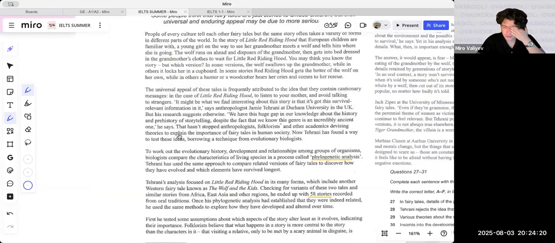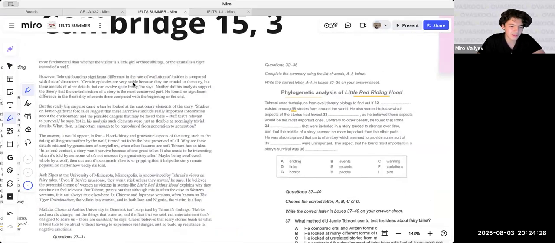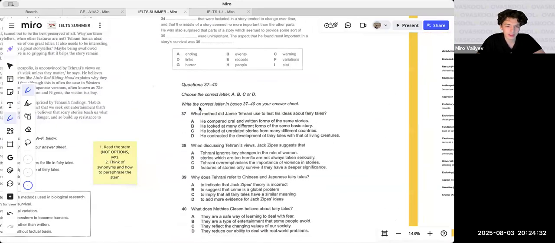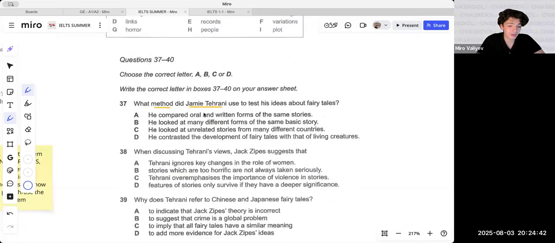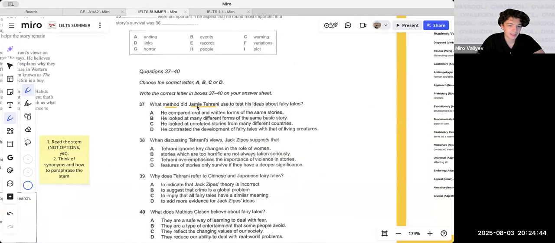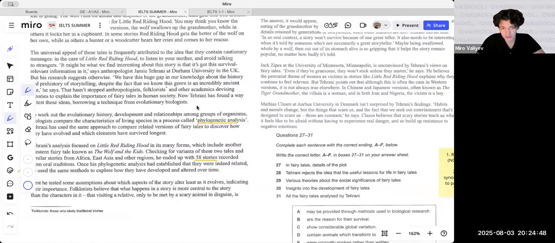So I think the answers will be scattered somewhere in this part of the text. Might be here as well, but I'm not sure yet. Then, what method did Jamie Tehrani use to test his idea about fairy tales? Methods and Jamie Tehrani. They're using his full name, so it's highly likely to be in that part where the full name is used as well.